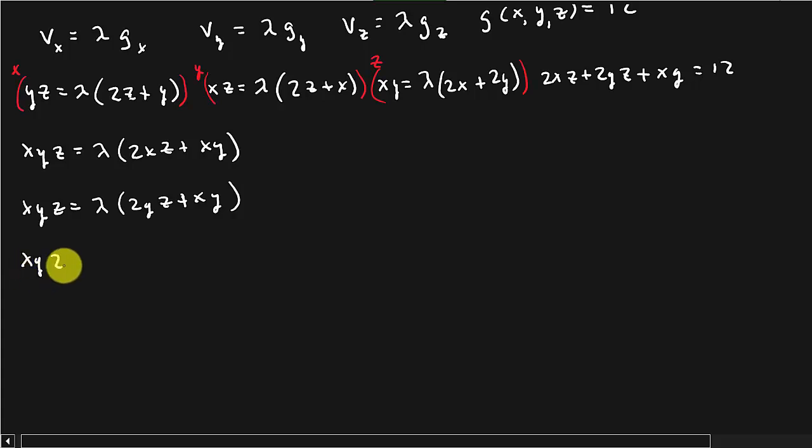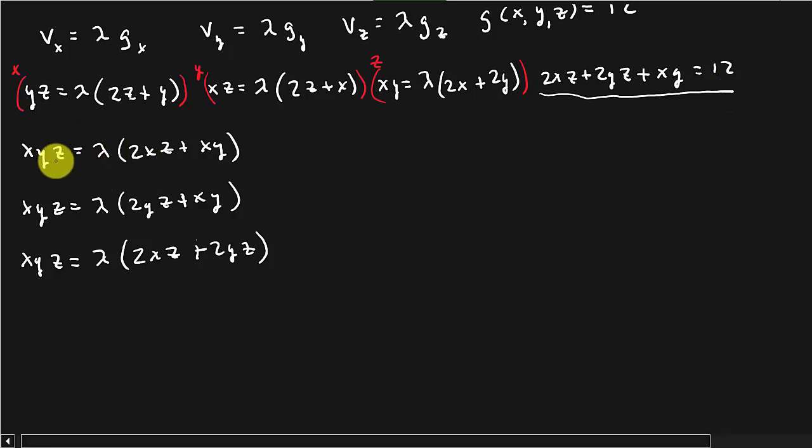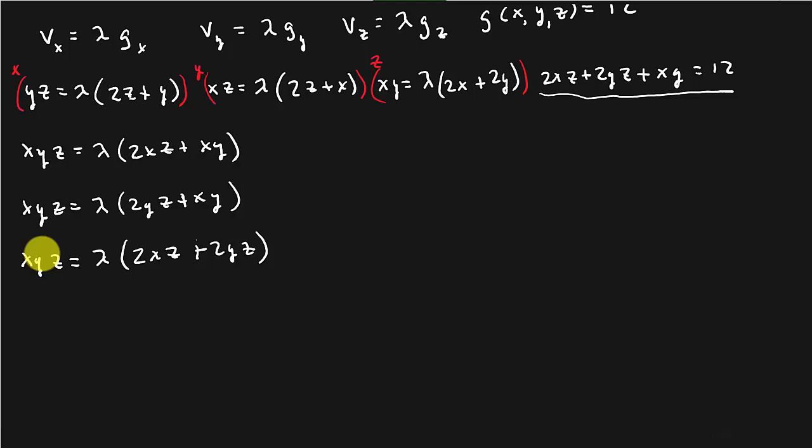And then xyz equals lambda times 2xz plus 2yz. And don't forget, we also have g of x, y, z equals 12. So you notice on the left-hand side, I've got xyz each time.